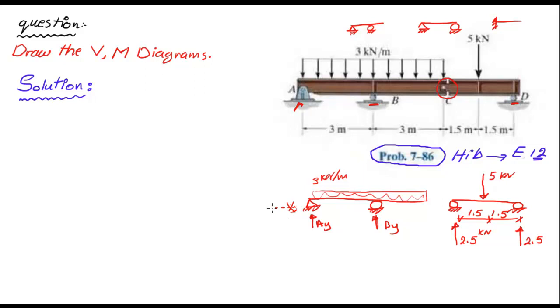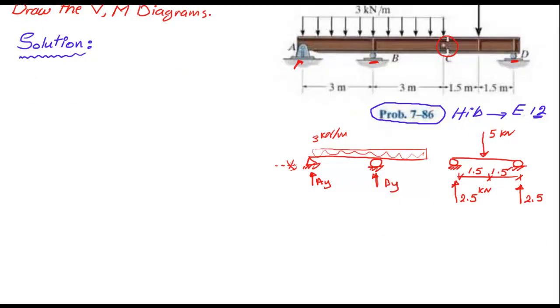Here's the thing. You should know what's going on inside this hinge. So let me explain a little bit about the hinge. At the hinge, if you separate or take off the hinge of the beam, you will have some internal forces, maybe like this.